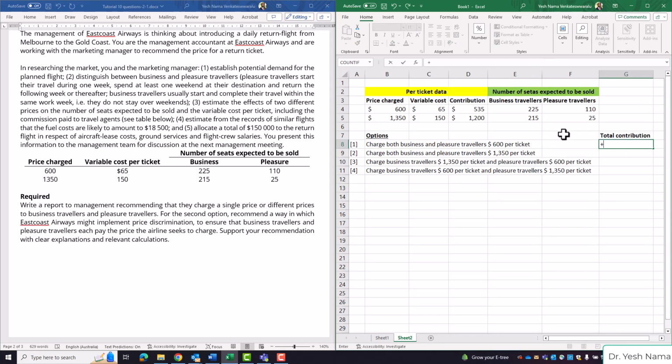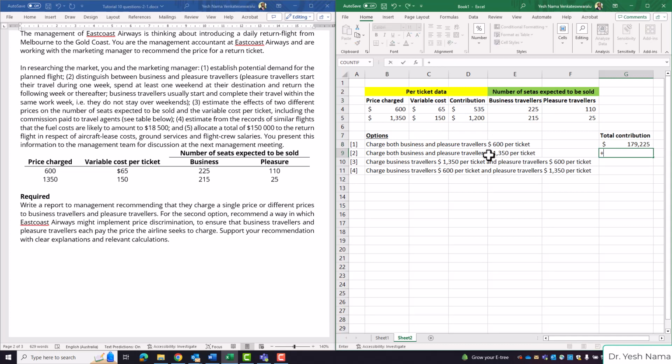So if we charge $600 for both business and pleasure travelers, the contribution per ticket is $535, and we multiply this by the total number of business and pleasure travelers. The total contribution in this case is $179,225.